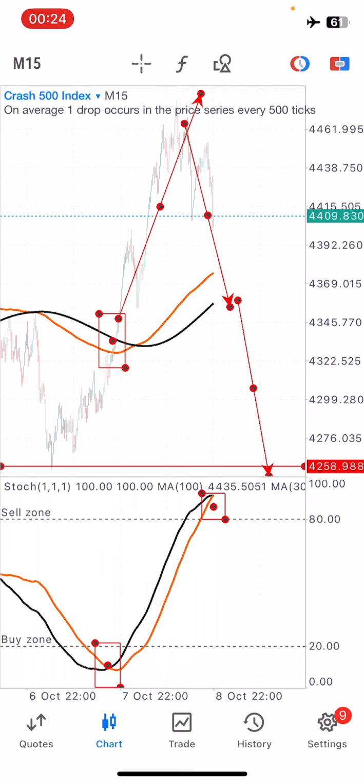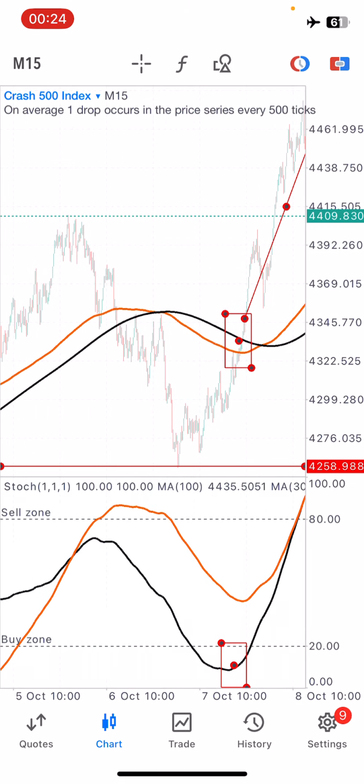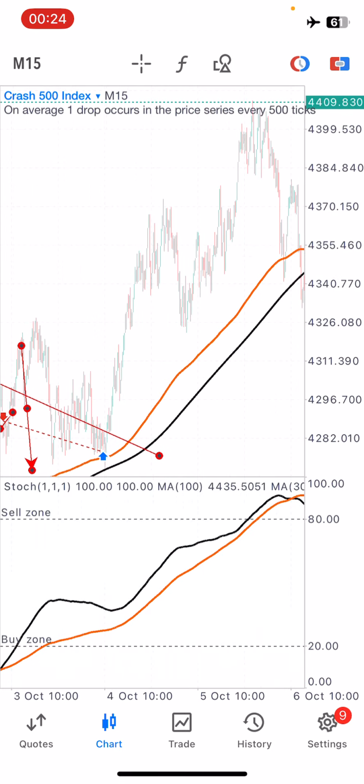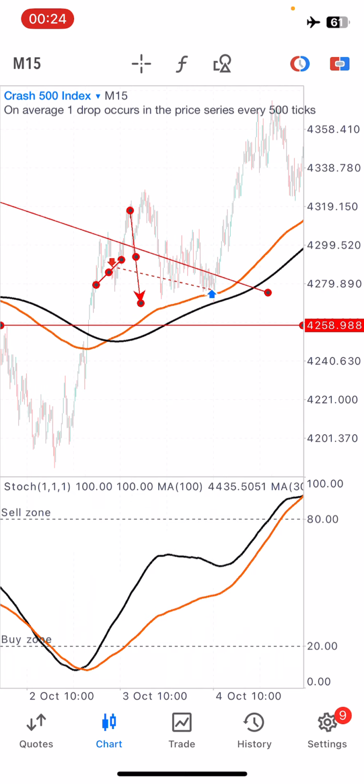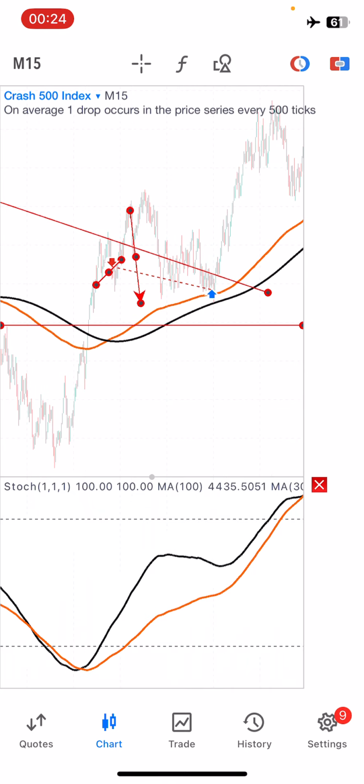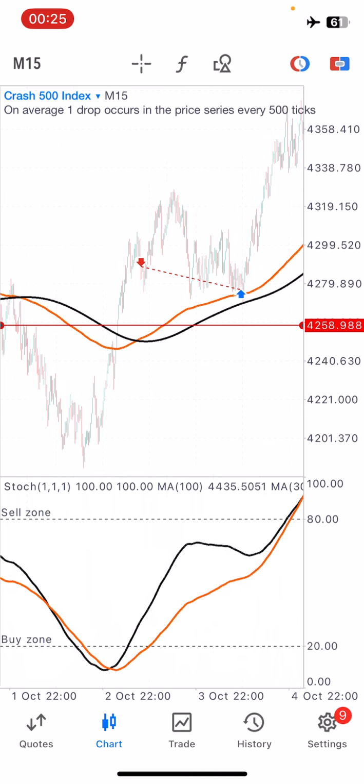I hope you guys are going to practice this strategy first on your demo accounts before moving on to your real accounts. Maybe let's look for a buy trade before we end this video. There's so many sell trades. Maybe it's because the market will be selling. It's also beneficial for you to cross check with your trends from a higher time frame, like the 1 hour time frame.